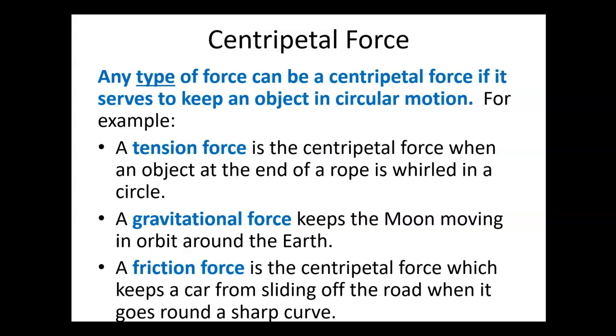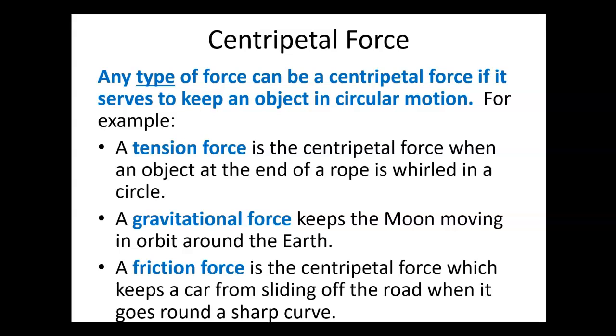Any type of force can be a centripetal force as long as it is serving to make an object move in a circular path. So, for example, with the boy swinging his backpack, that would be a tension force that keeps changing the direction of the backpack so that it is always moving in a circle.